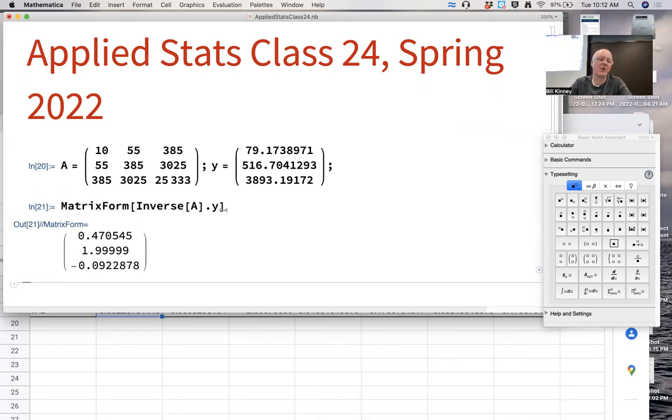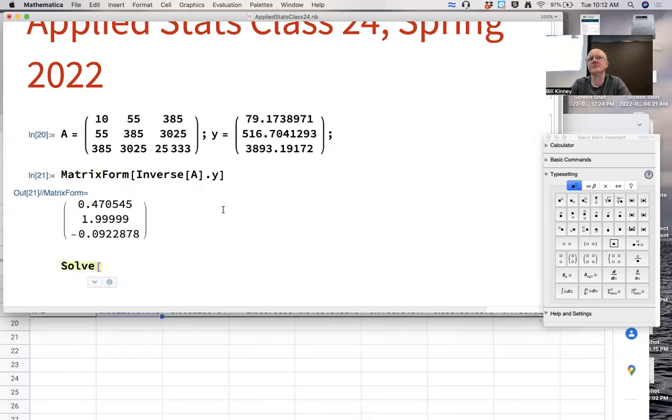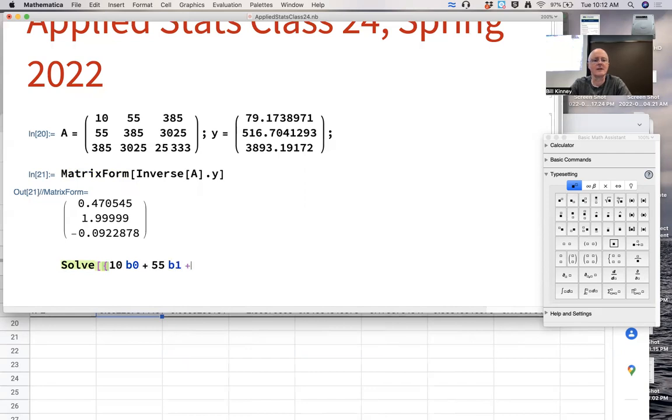You could solve it also with Solve. Like this. Let's go ahead and do it.